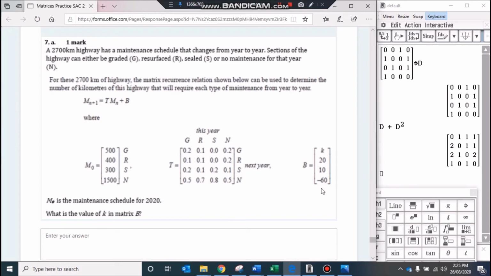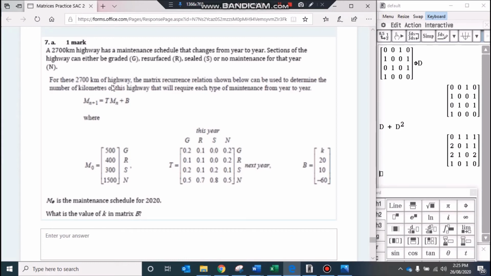To answer this question, you need to really think about what's actually going on here. B is deciding whether you're increasing or decreasing the number of kilometers of highway that need these different types of maintenance. Now, the highway is not getting longer, right?